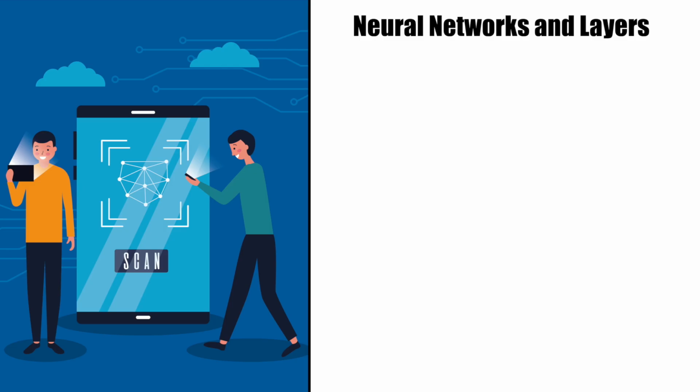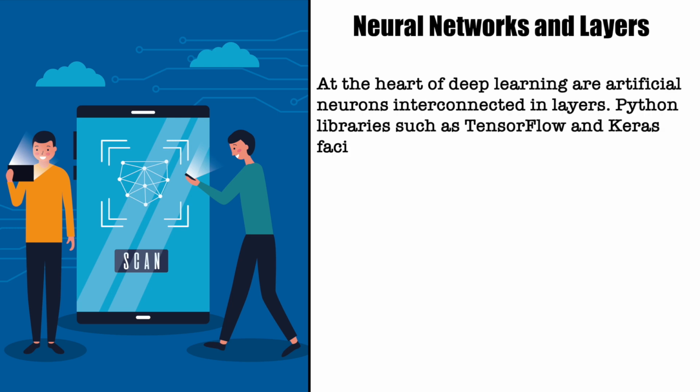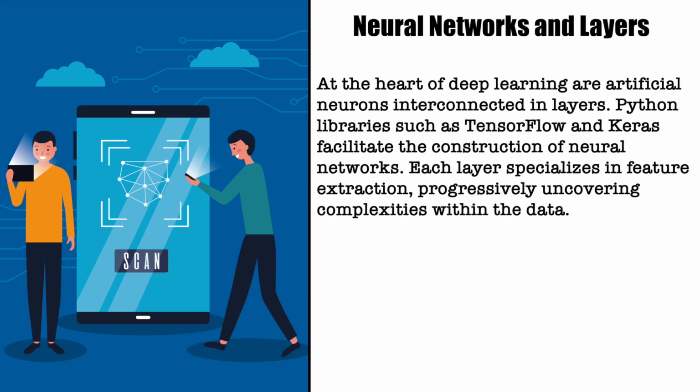Neural networks and layers are at the heart of deep learning: artificial neurons interconnected in layers. Python libraries such as TensorFlow and Keras facilitate the construction of neural networks. Each layer specializes in feature extraction, progressively uncovering complexities within the data.